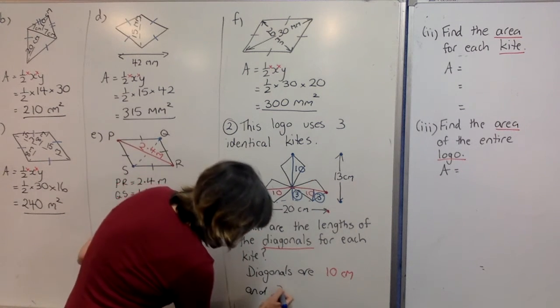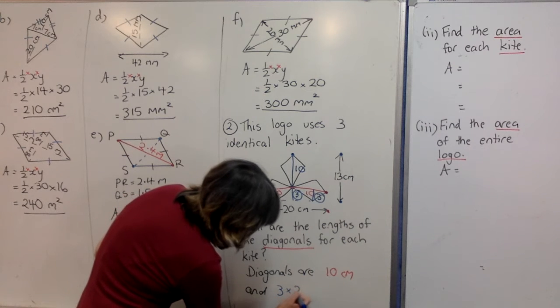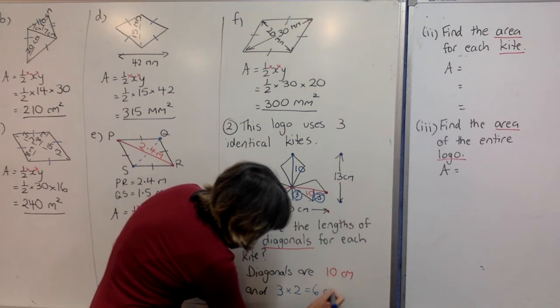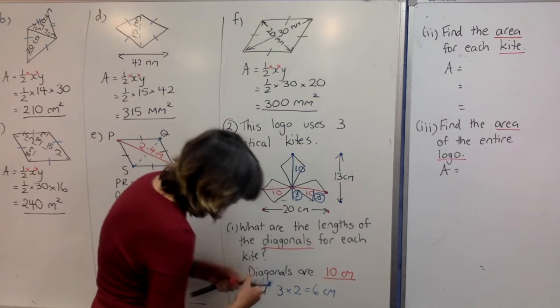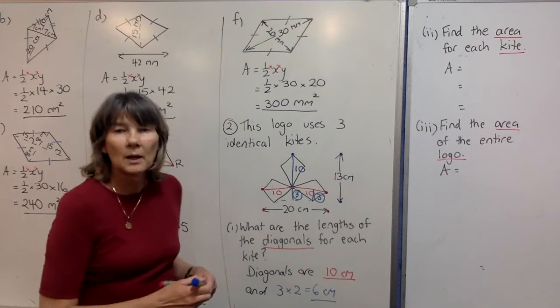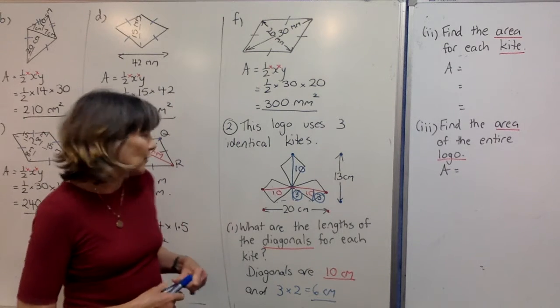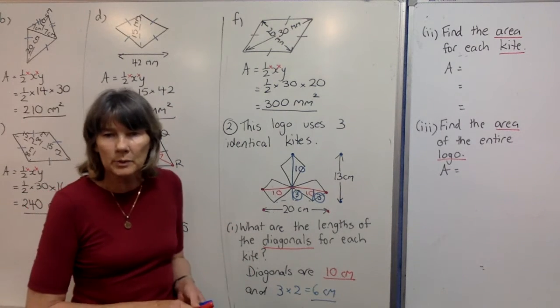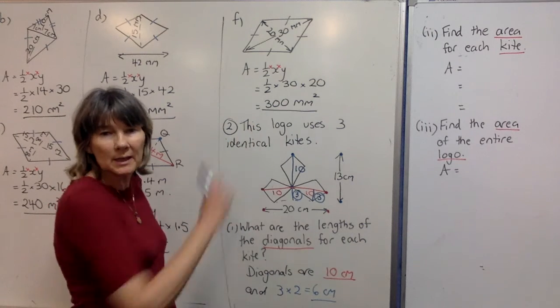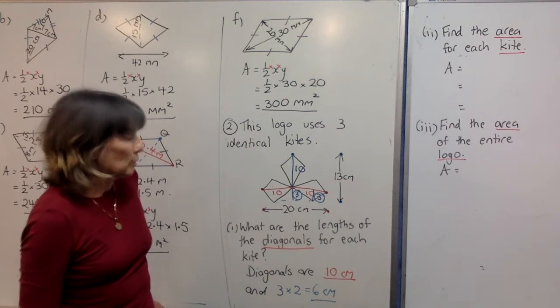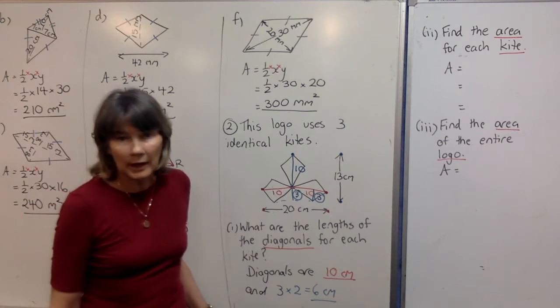So it's going to be 3 times 2, 6 centimetres. So there's the 2 answers that we need for our 2 diagonal lengths. So we need those. So even if you've got no idea how to do that and this was in a test, you just go, well, I'll have to just make something up because I need to continue with this question. All right, so just write something down for the diagonals.